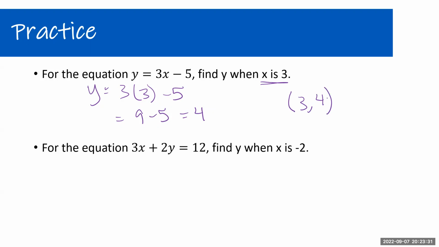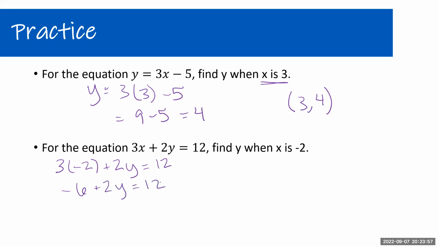Similarly, if we have the equation 3x plus 2y equals 12, let's say we want to find y when x is negative 2. This one has an extra step, but we're going to start it just the same way. 3, we see an x, so we want to plug that negative 2 in, plus 2y, that's what we're trying to find, equals 12. So now we have negative 6 plus 2y equals 12.